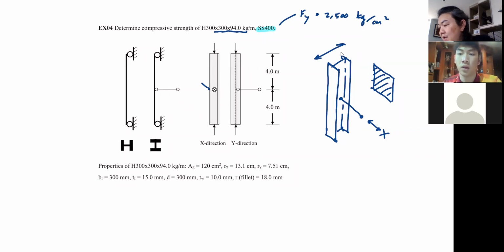So what do we have there? It means that when you can have the movement in that direction, your compression member can rotate in this axis. Right, I hope that you can see that.